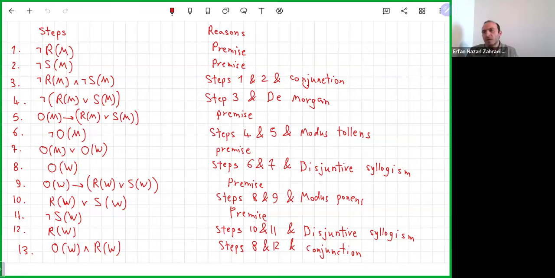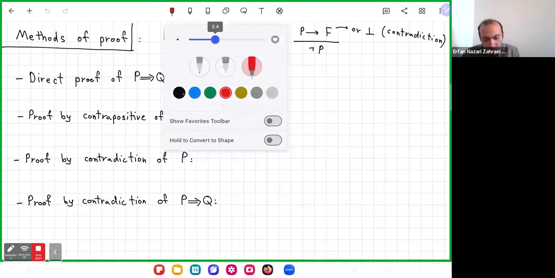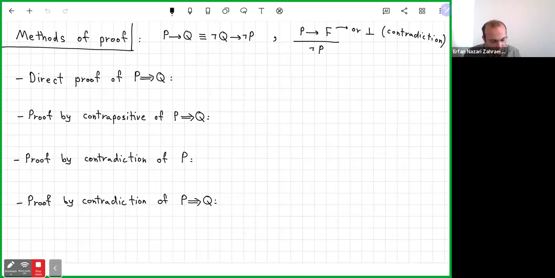But out of these logical equivalences and rules of inference, let's make some concrete methods of proofs that, if you have done proofs before, you basically always use without this explicit knowledge of the logic of what you are doing. So let me explain the common methods of proof.